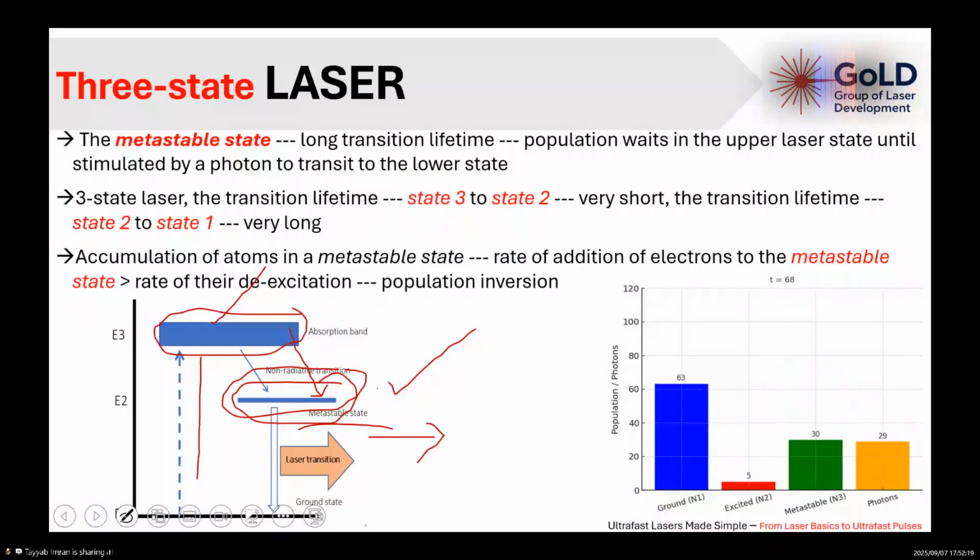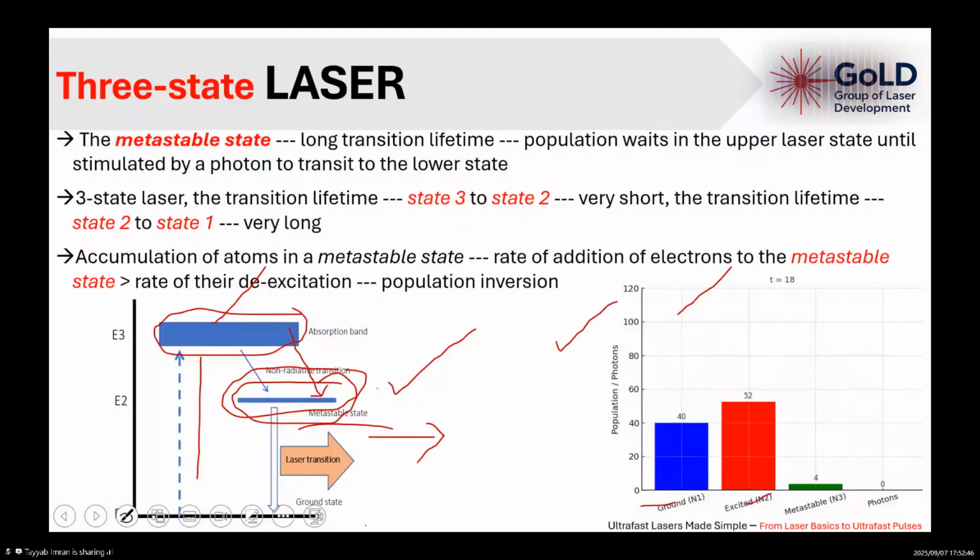This is the 3-level system. On the right side, this pattern shows it in an interesting way. This is your ground level, and electrons are jumping up to the excited level, which is not N2 actually, E3 something.